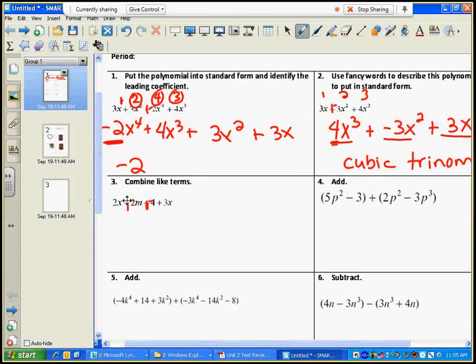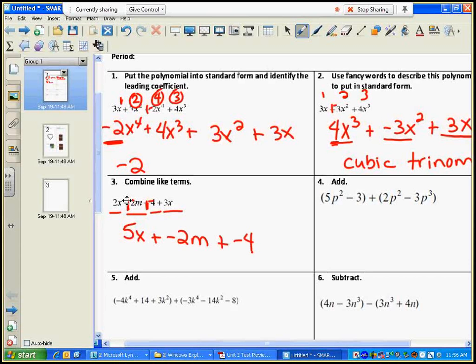I've got 2m and I've got 3m. I combine those, add them, and I'll have 5m plus negative 2n. Here's negative 4. No other constants, so negative 4.